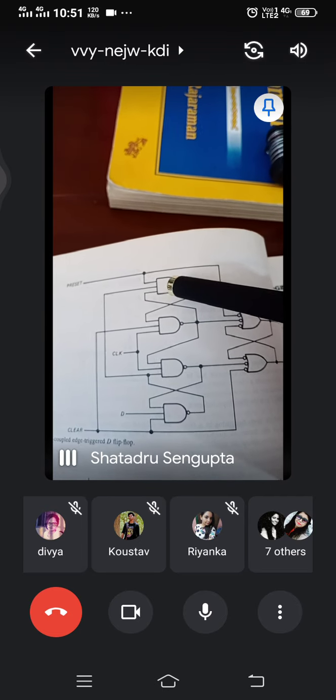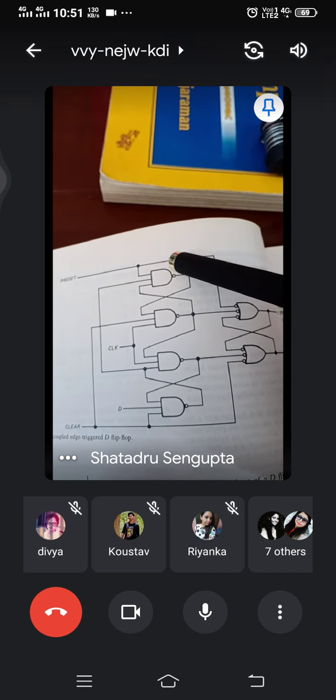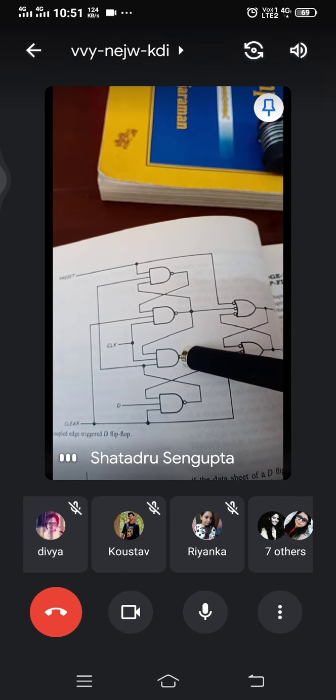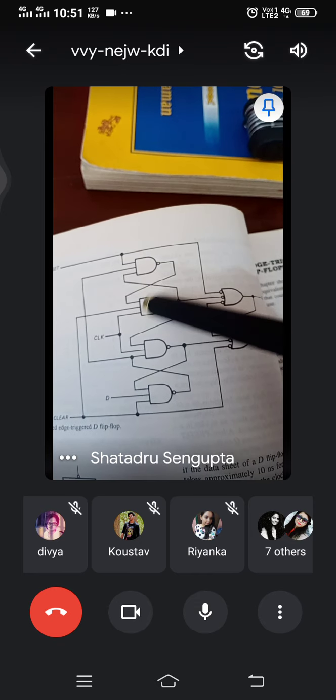So you can see that this is D coming in, and it is a coupled system.